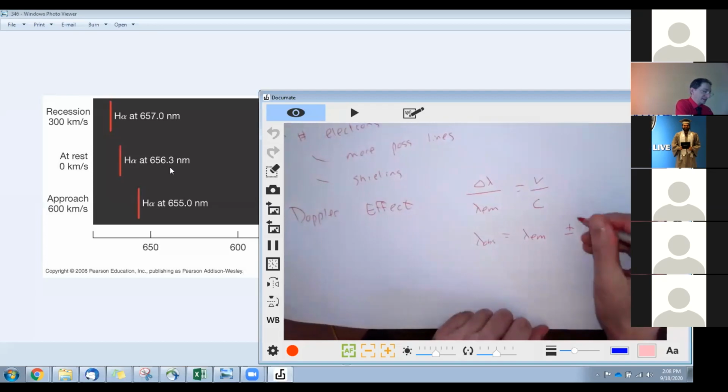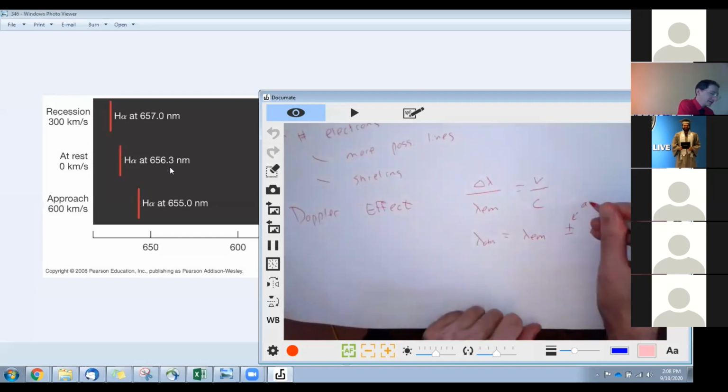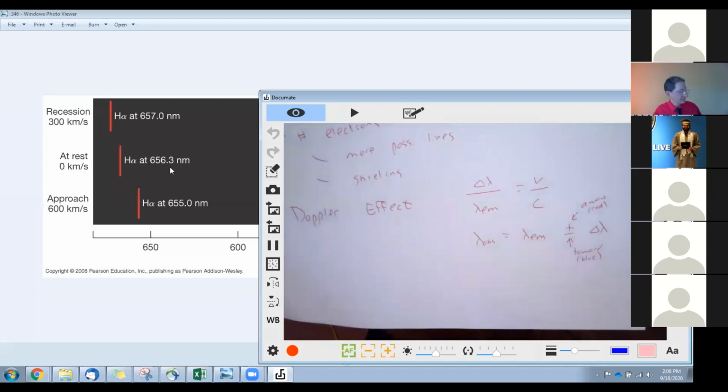And if it's plus, is that moving away or towards? Away. Because yes, it's moving away from us, we add the shift. So this is a red shift. If it's moving towards us, we subtract it. We call that a blue shift. Okay. So that should help you do the last question in the homework.